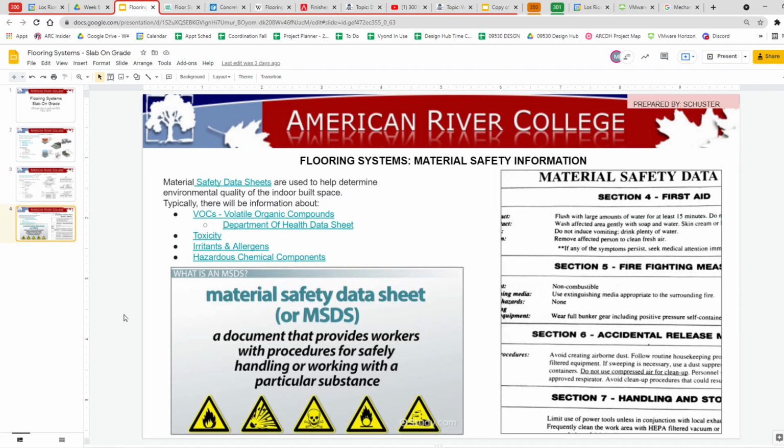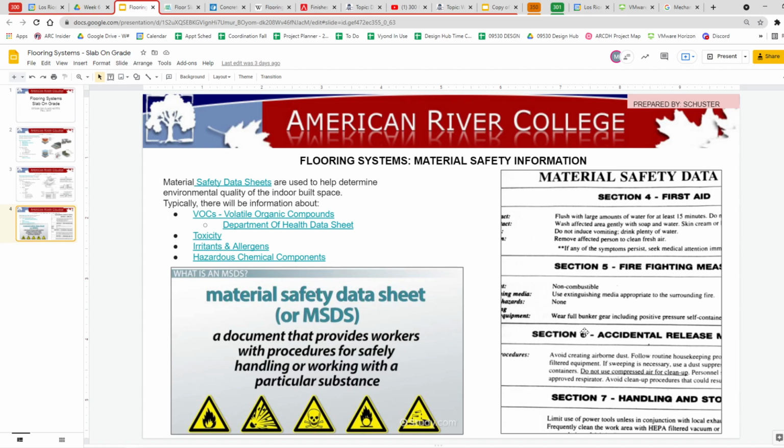Okay, and then the last one is material safety data sheets, and I'm not going to go into this a lot. But some of you might know about these, and so I'm expecting that you find out about material safety data sheets, or safety data sheets.